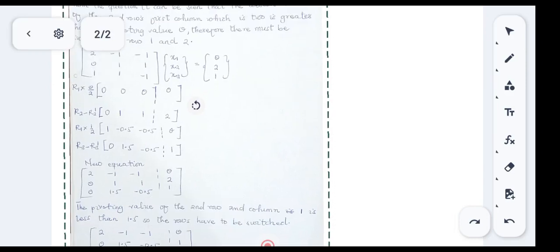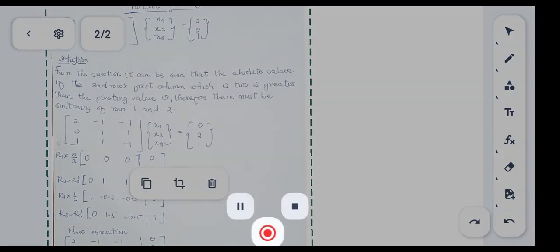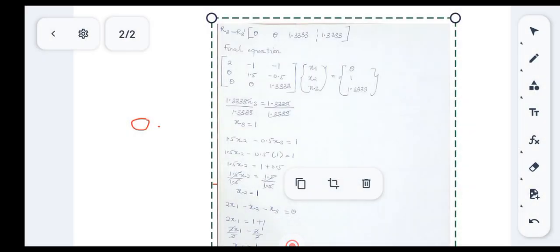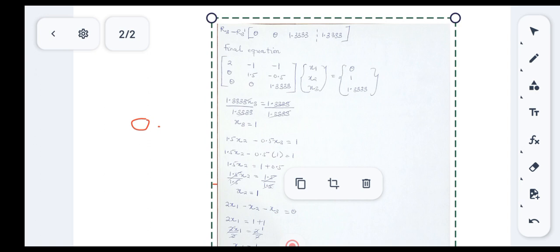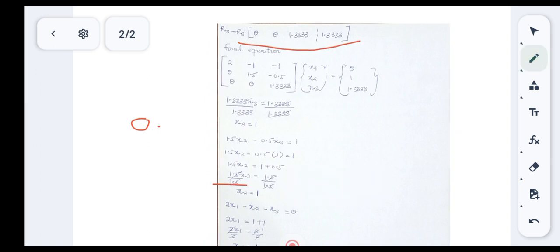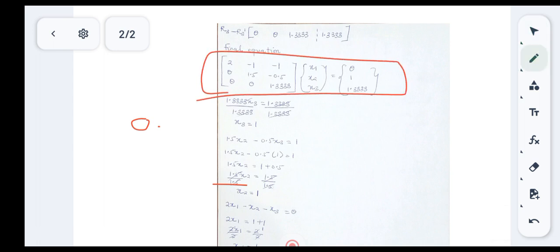Then we subtract row 3 from the value. So when you do that, you are going to get this equation, right? So now the final equation becomes this.